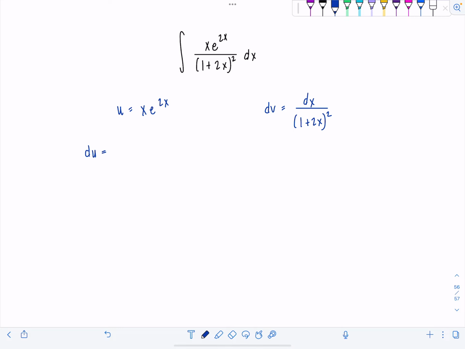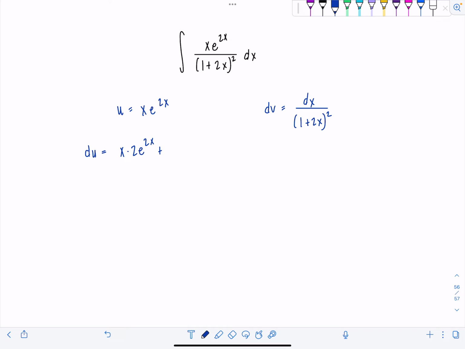When we find du, we're differentiating u, and I have to use the product rule because I have a product of two functions, x and then e to the 2x. So let's go carefully. I'm going to leave x alone, and then the derivative of e to the 2x is going to be 2e to the 2x because of the chain rule.